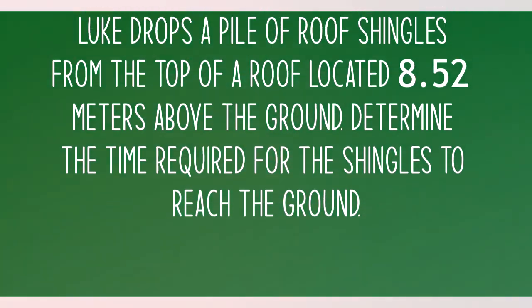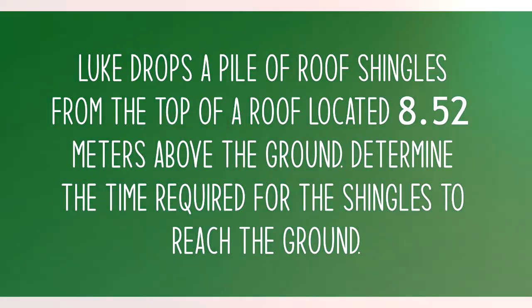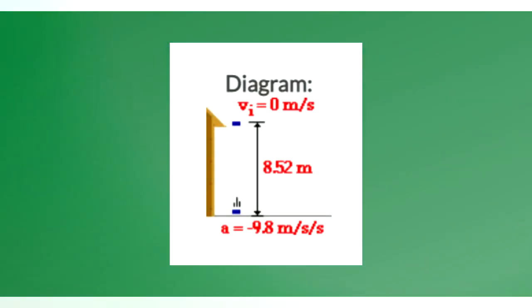Luke drops a pile of roof shingles from the top of a roof located 8.52 meters above the ground. Determine the time required for the shingles to reach the ground. The solution to this problem begins by the construction of an informative diagram of the physical situation.